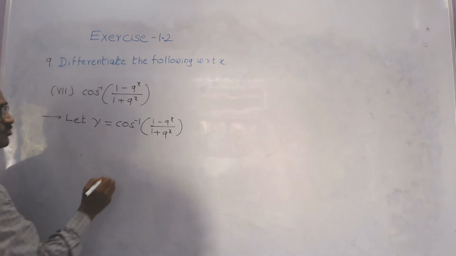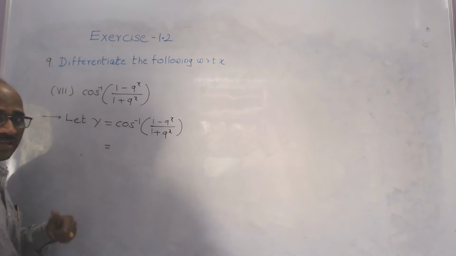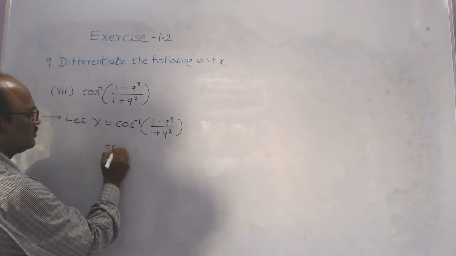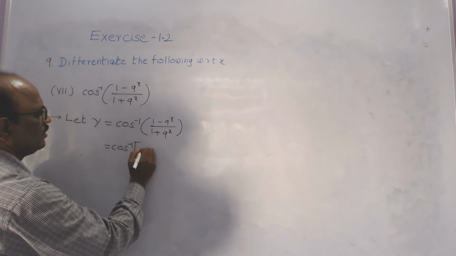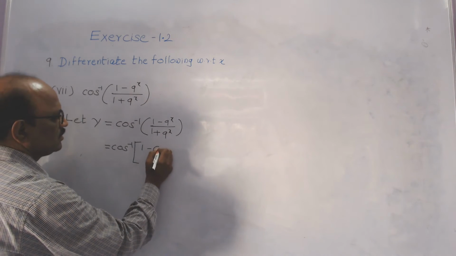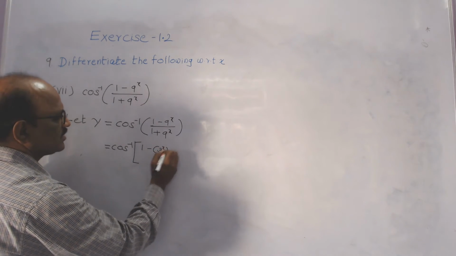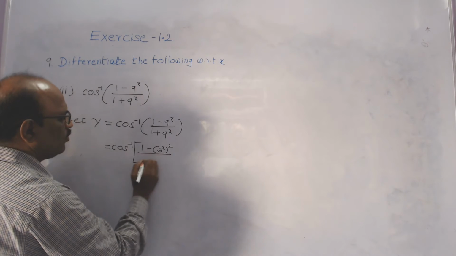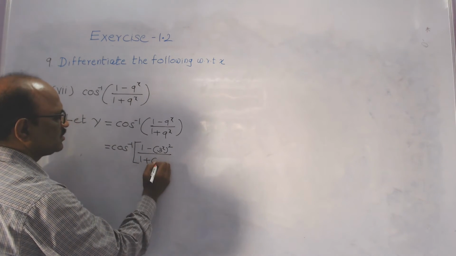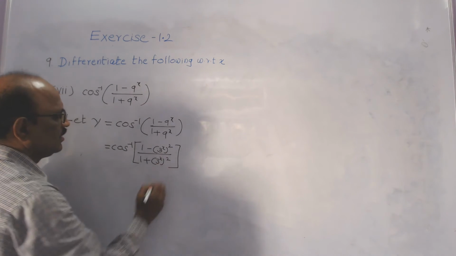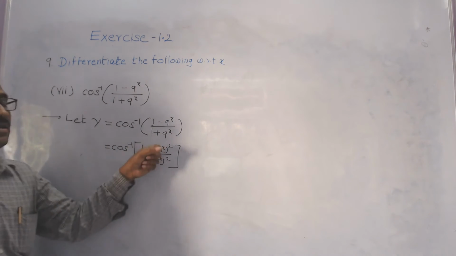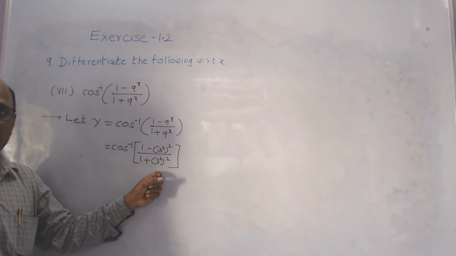Now this 9 raised to x means 3 raised to x bracket square. Therefore cos inverse in bracket 1 minus 3 raised to x bracket square upon 1 plus 3 raised to x bracket square.